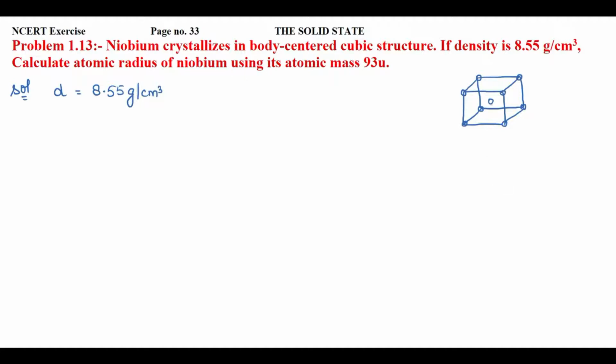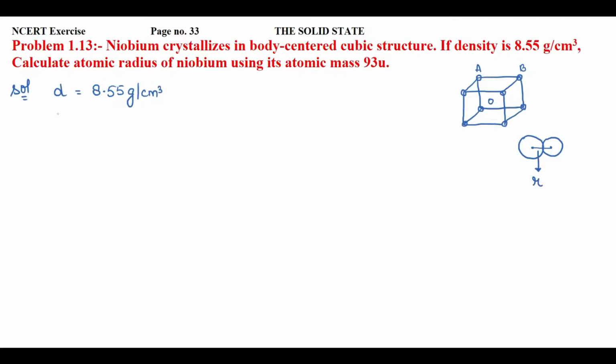In this picture, the atoms are far away from each other. But these two atoms, if I'll consider this as A and B, are touching each other, right? So here, you have to tell about the atomic radius, that means radius of one atom, using its atomic mass 93 unit.